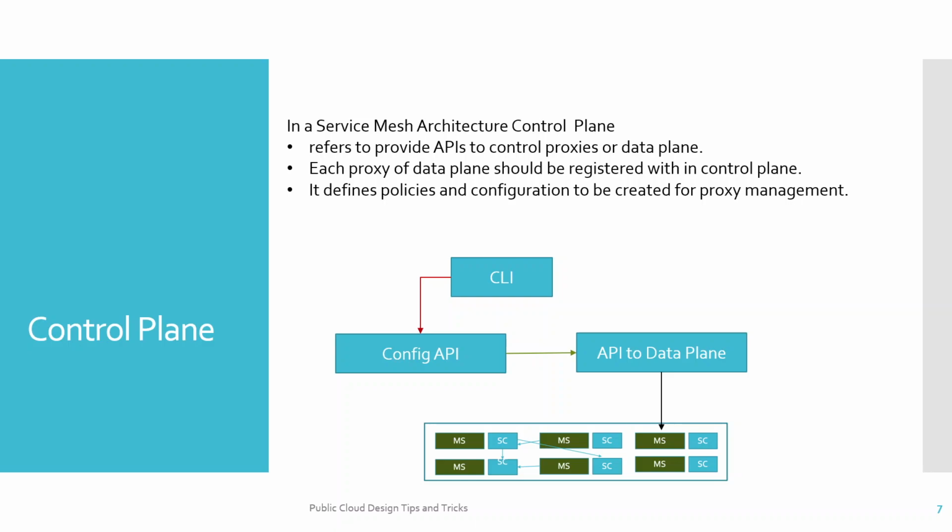These are the responsibilities of a control plane. In a typical scenario, if you try to access the data plane, you always go through the control plane using the CLI. A user can use CLI commands, for example a config API, which talks to the APIs responsible for connecting to the data plane, and finally the changes happen within the data plane on the sidecars, the service mesh proxies. That is how it works.